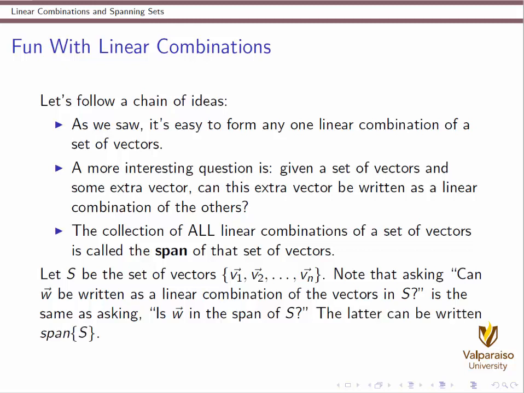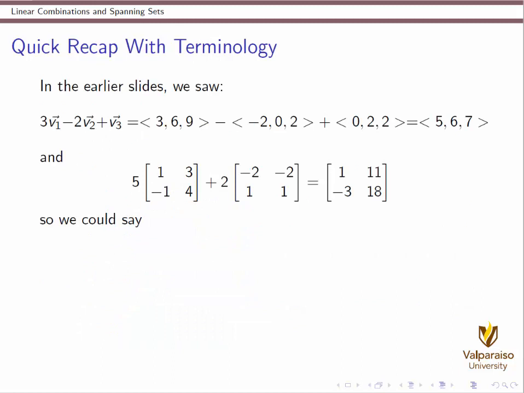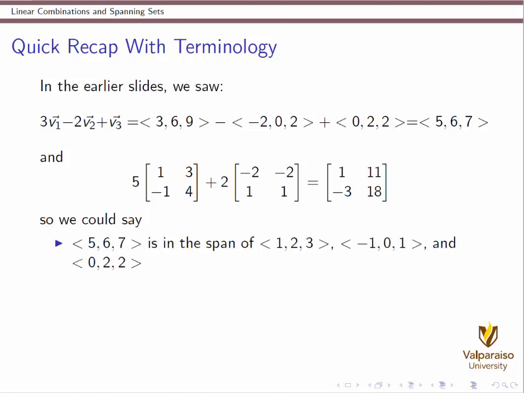It's the same question. So here's that linear combination we formed before with geometric vectors, and also the linear combination of a pair of 2 by 2 matrices. So since we formed the vector 5, 6, 7 as a linear combination of those three other vectors, then we could say that 5, 6, 7 is in the span of that set of three vectors.